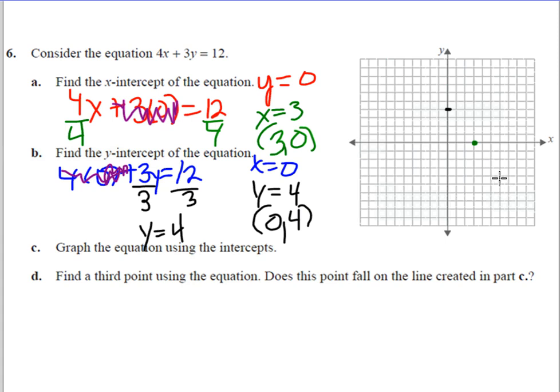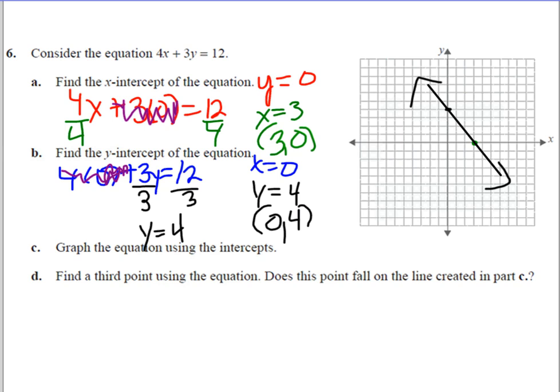Looks pretty good. I'll add my arrows. And let's find a number that we can plug in and get an additional ordered pair to make sure that our equation is correct.